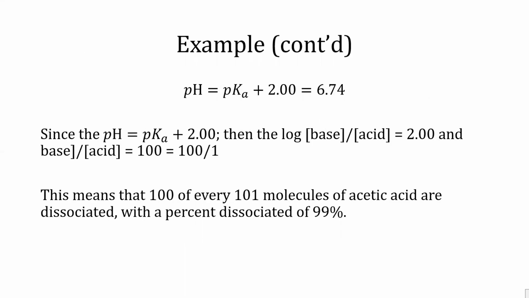Since the pH equals pKa plus 2.00, then the log of the base over acid concentration ratio equals 2.00, and the base over acid concentration ratio equals 100, which also equals 100 over 1. This means that 100 of every 101 molecules of acetic acid are dissociated, with a percent dissociated of 99%.